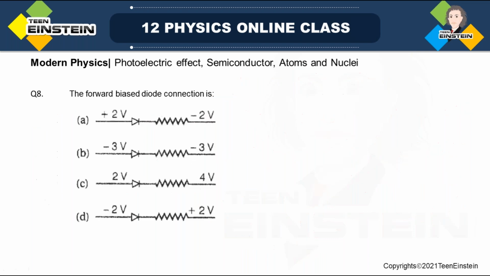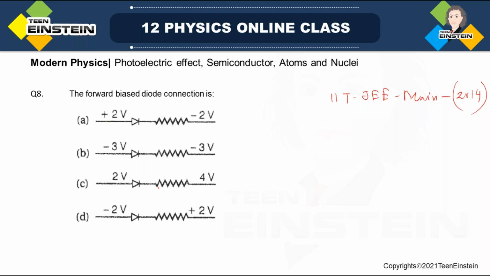Now we'll have this question. This is also a very simple question, from the 2014 IIT JEE paper.